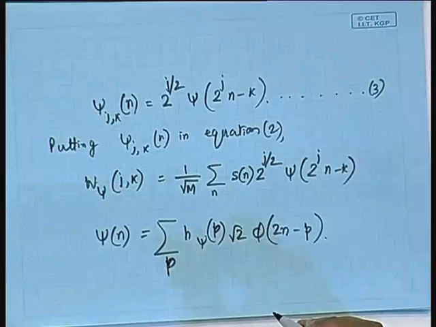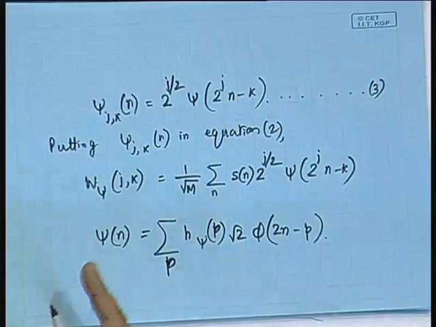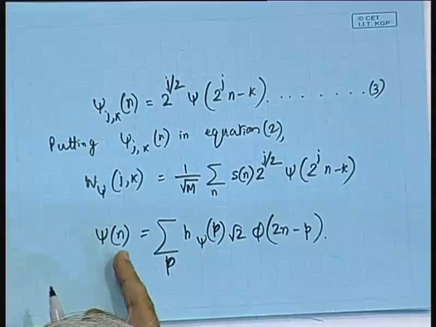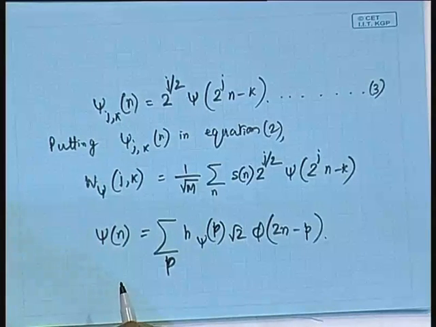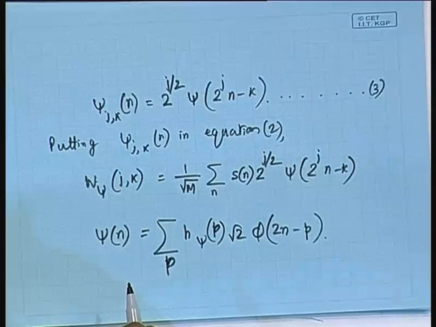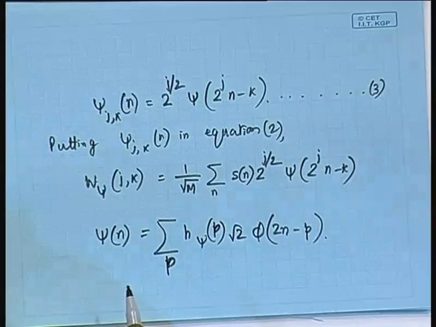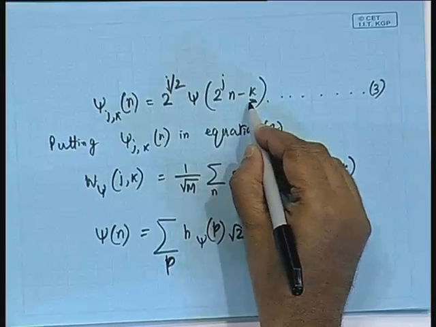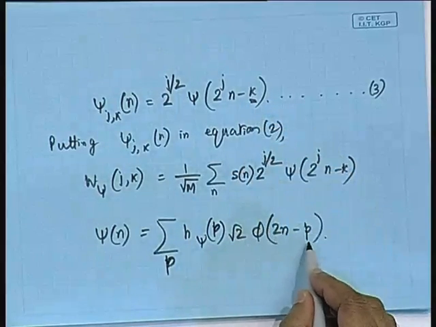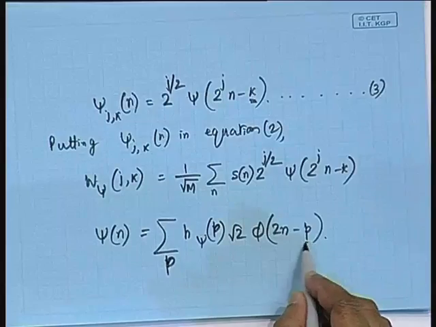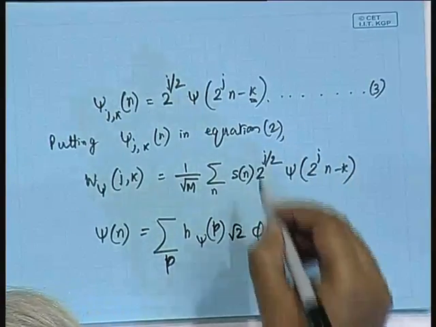Now, in this equation, if I multiply this n by a factor 2 to the power j, that means I scale it up by a factor 2 to the power j and give it a shift of k units. Because k I am already using as a shift parameter, I wanted to give a different shift parameter over here, so that you do not get confused with the two k's.